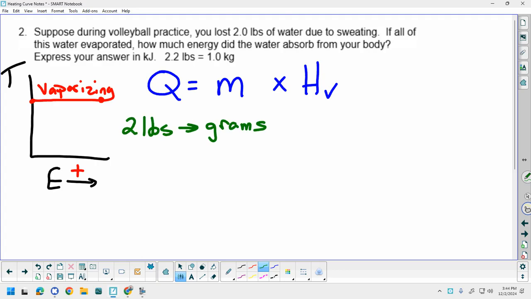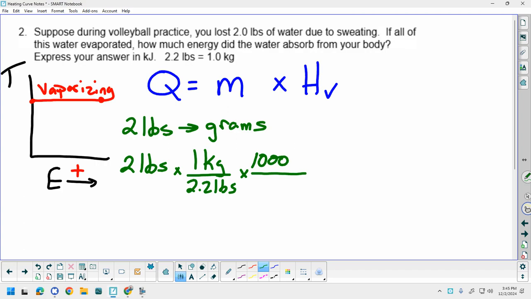I need it to be in grams because my heat of vaporization is 2,260 joules per gram. To do that conversion, 2 pounds, the problem here tells me that 1 kilogram is equal to 2.2 pounds. And then I need to change kilograms into grams.